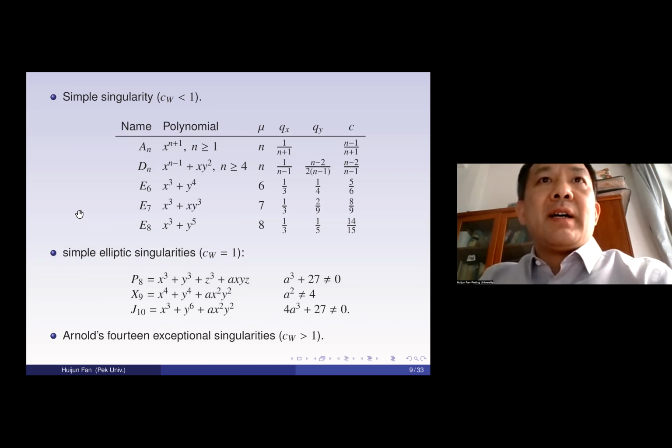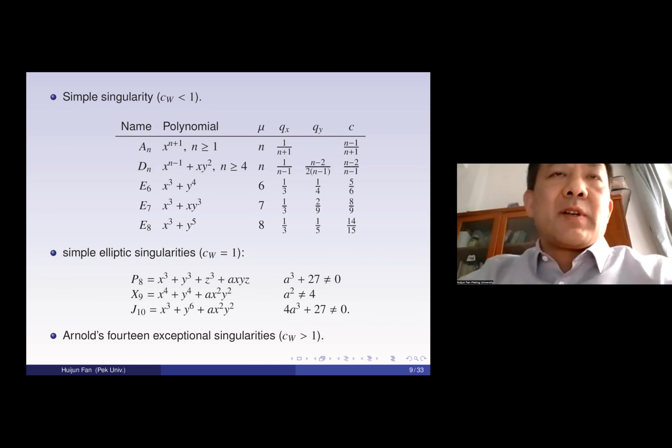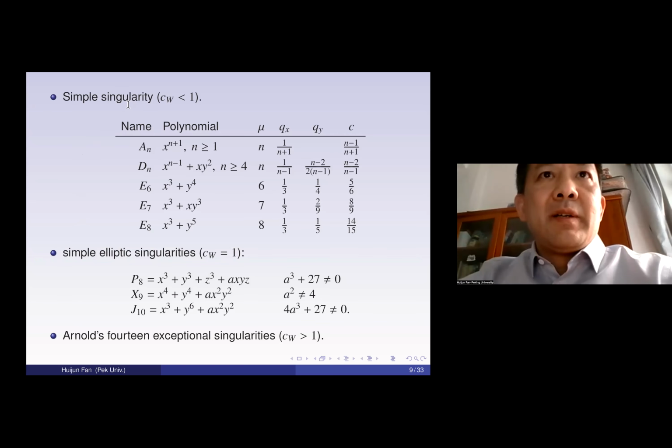So here is a table of some important singularities. The singularities with CW less than or equal to 1 have already been classified. For example, CW less than 1 consists of the ADE singularities, AN, BN, E6, E7, and E8. You see, for example, E7 and DN have a mixed product term.